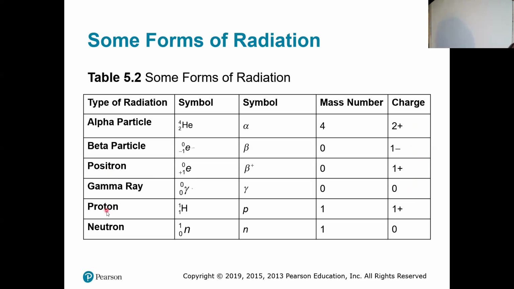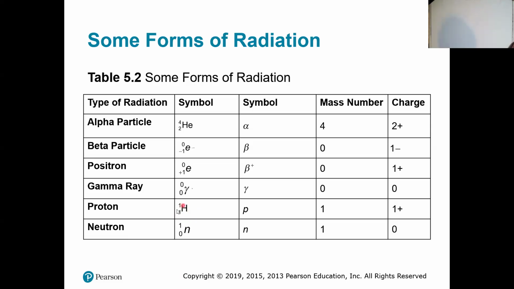The other types of material that you'll see in these radioactive decay equations, reactions, are protons and neutrons. There are a couple of different ways that we can represent protons and neutrons in a nuclear equation, so we just want to make sure that we look at that. For our proton here, we can represent it as the hydrogen with a 1 on top and a 1 on the bottom.